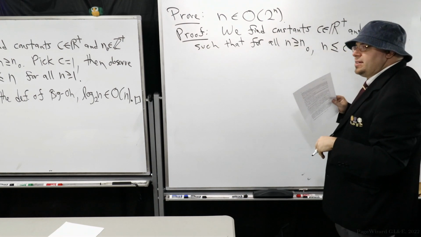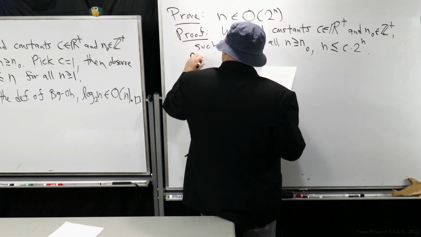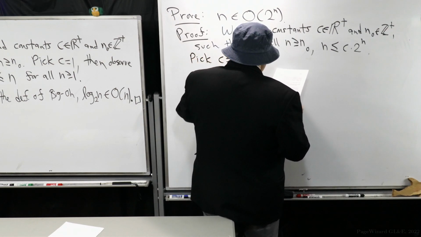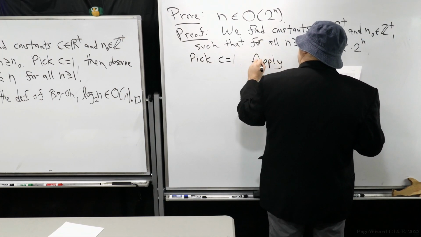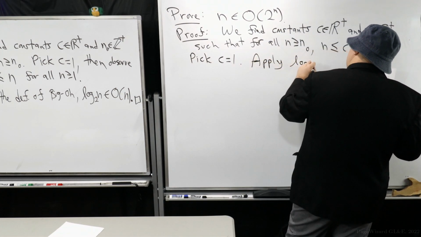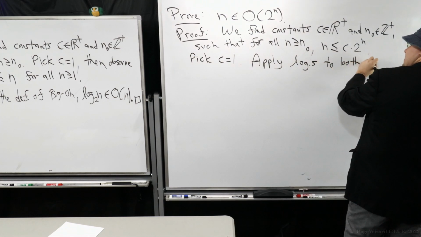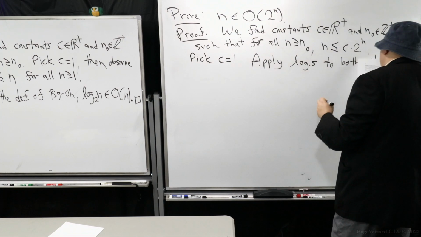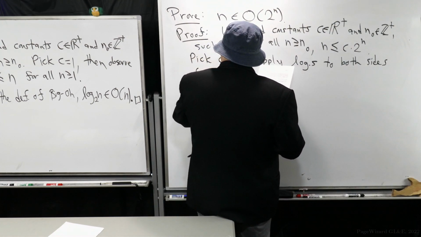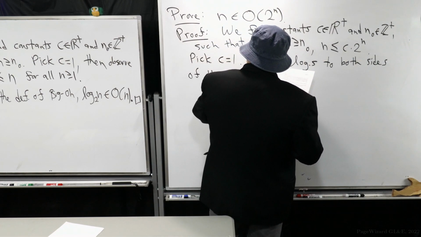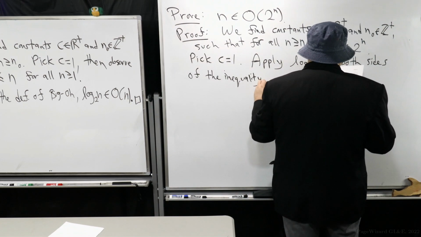I'm just going to pick c is equal to 1, and we're going to proceed in a way that should remind you of something. Pick c is equal to 1. We're going to apply logarithms to both sides of the inequality.